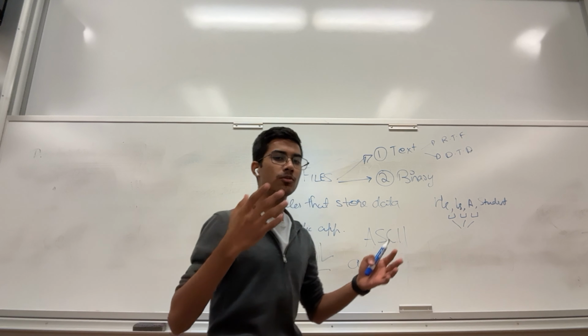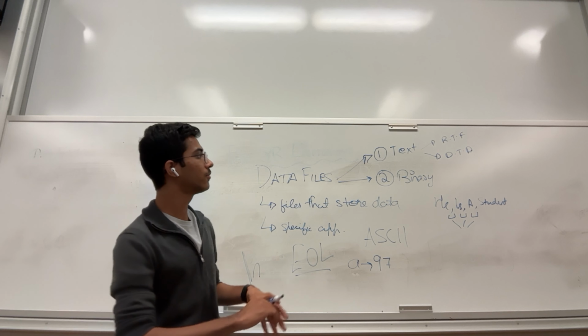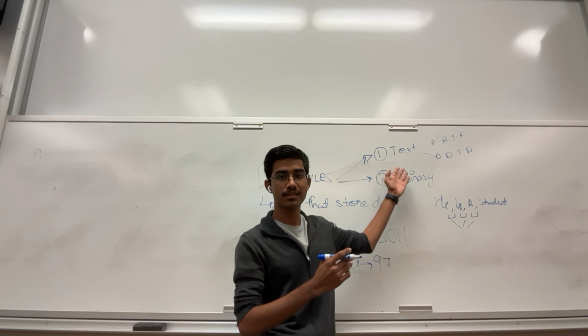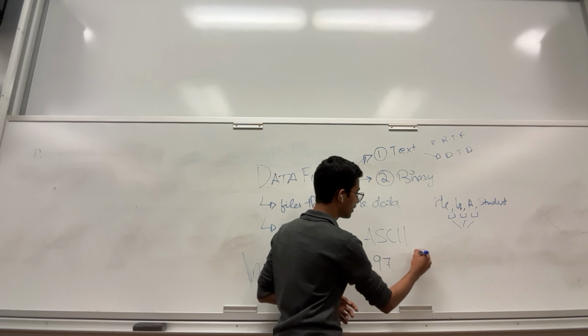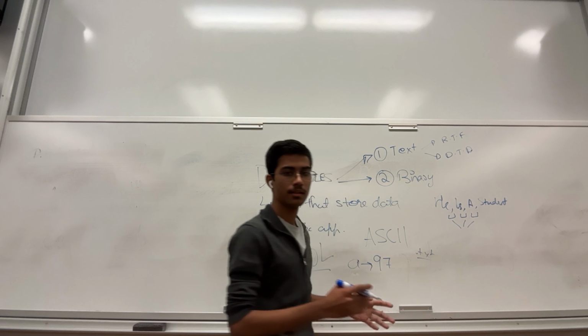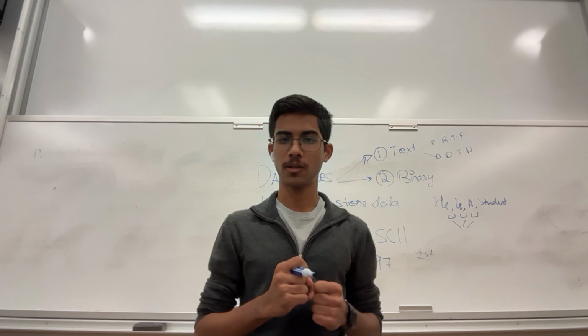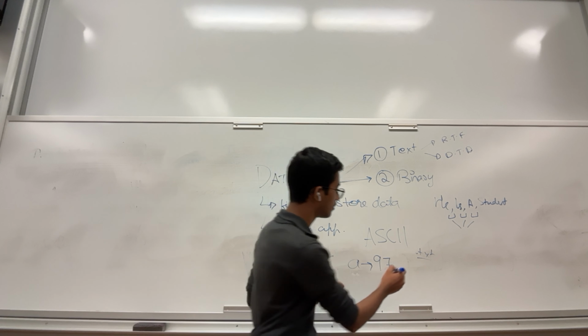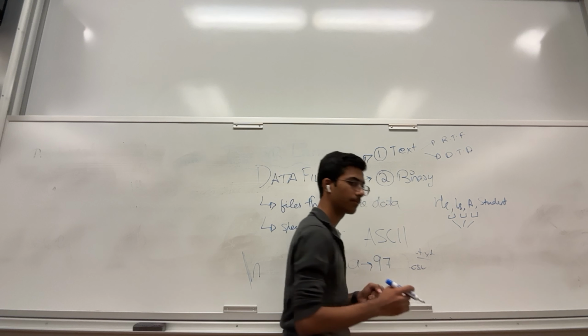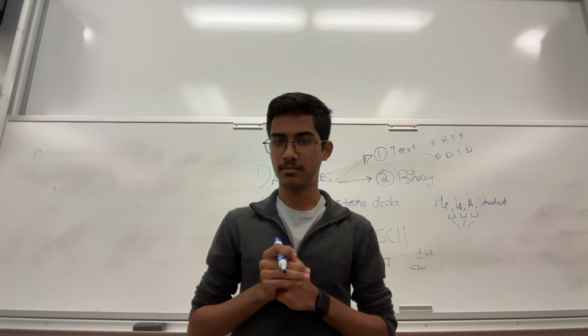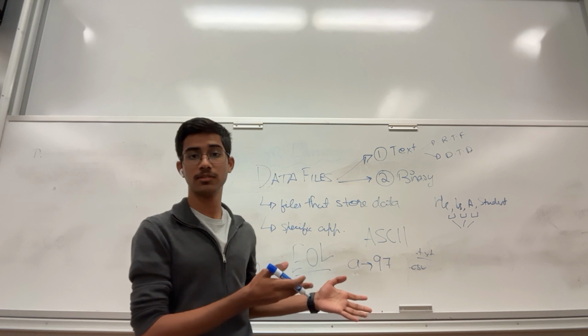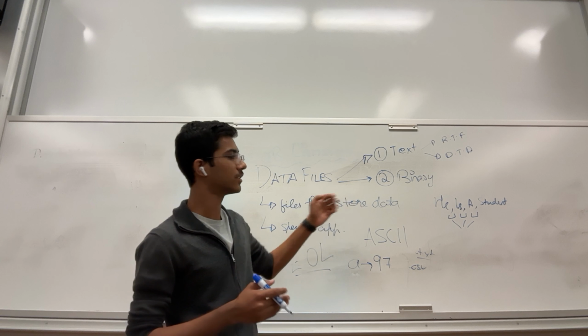So now when you look at the files in your computer, if you see a .txt extension, that means it's a text file. Okay? But if you see a .csv, what does that mean? Well, that means it is a CSV file, comma separated value file, just like we discussed.